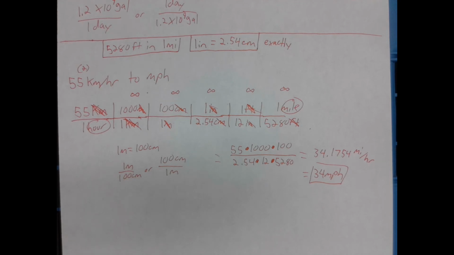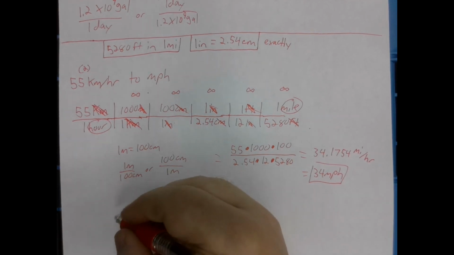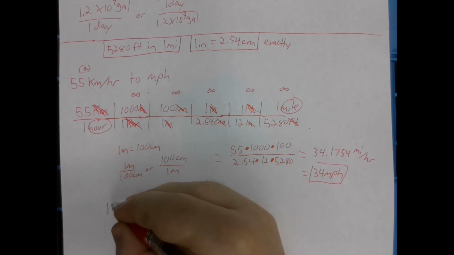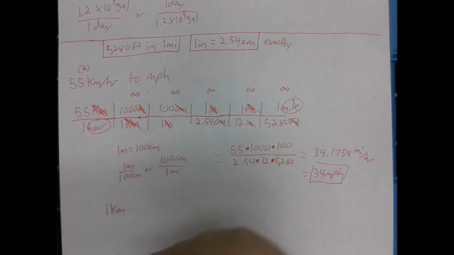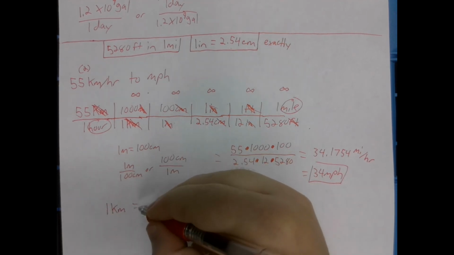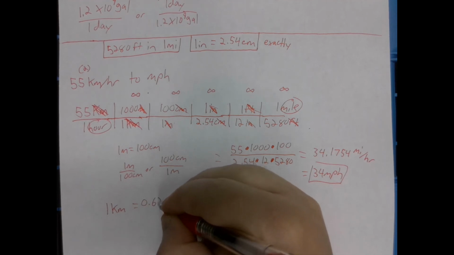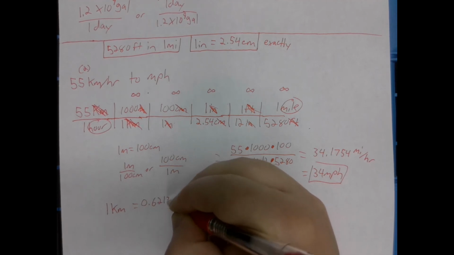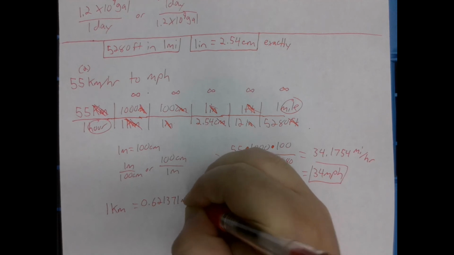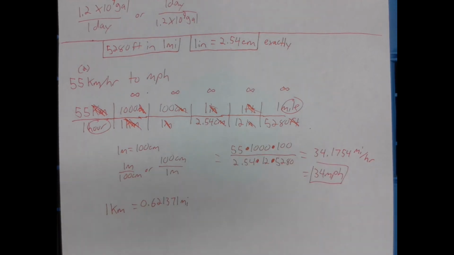So kilometers to miles. If you memorize the conversion factor, 1 kilometer is equal to 0.621371 miles. This number is often not used.